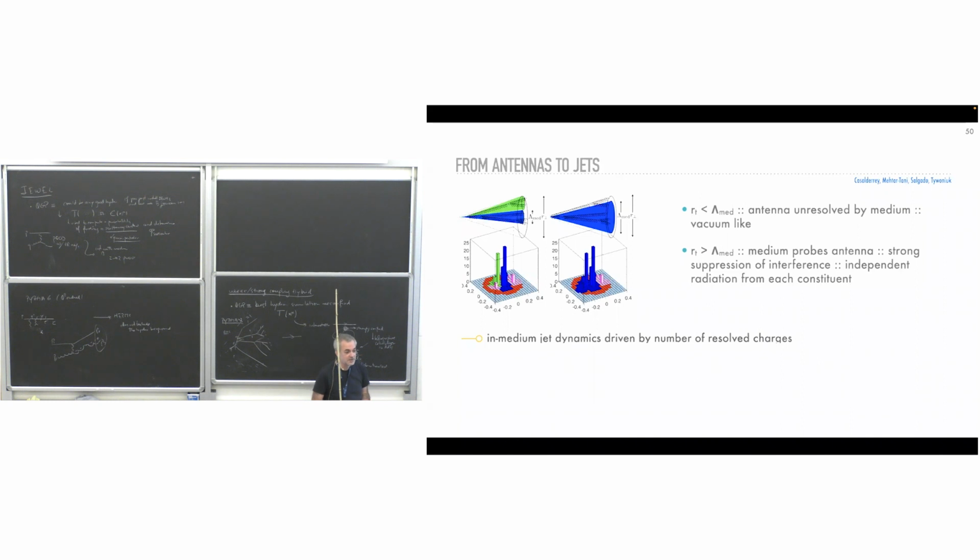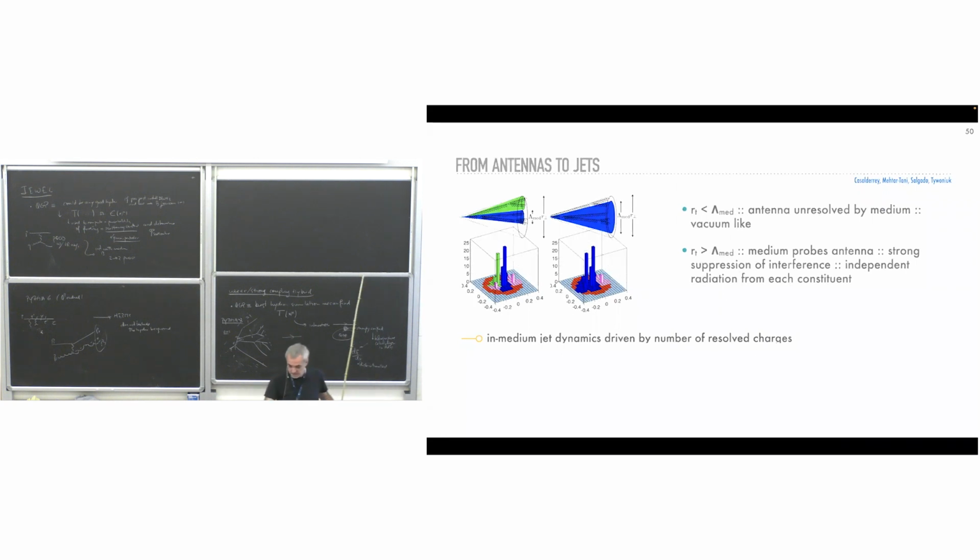Because if they are too close together, they will just not be seen separately, so they interact with the plasma as a single thing. So what is relevant is the number of resolved colored charges in a sequence like this, no matter how you build it.